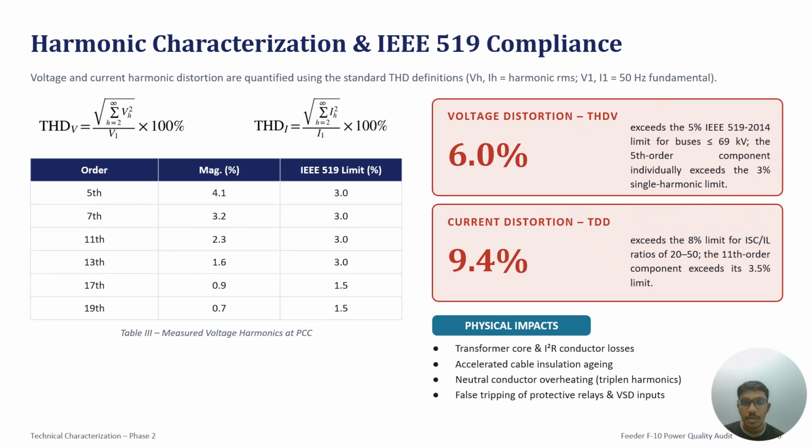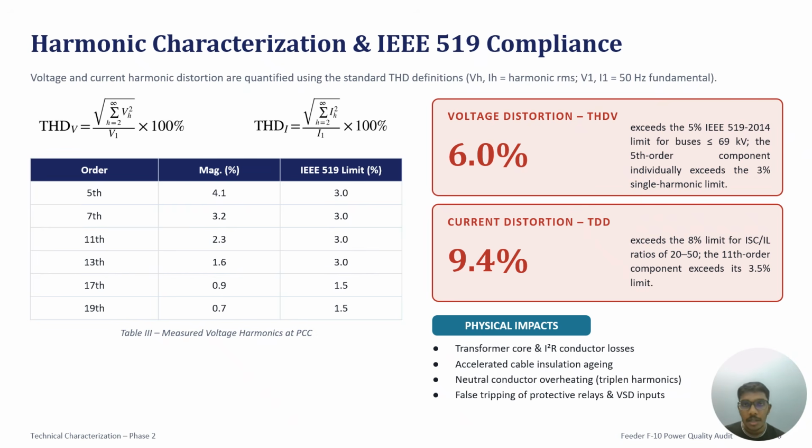This is phase two, where we quantify each disturbance mathematically. For harmonics, we use the standard THD definitions: voltage and current harmonic distortion expressed as a ratio of RMS content to the 50 Hz fundamental. On the voltage side, our THDv is 6%, which exceeds the 5% IEEE 519 limit for buses at or below 69 kV.